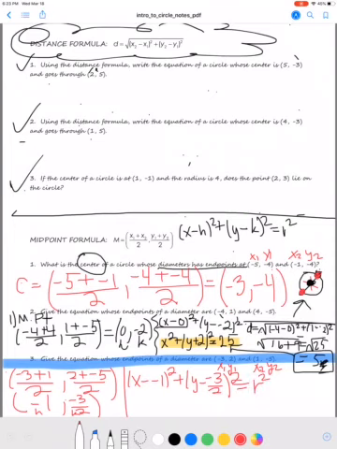So our last step is to find that r. Okay? And to do that, we are going to plug into the distance formula. We are going to plug in my original, so right here, h and k, that's my 1 point I'm going to use.